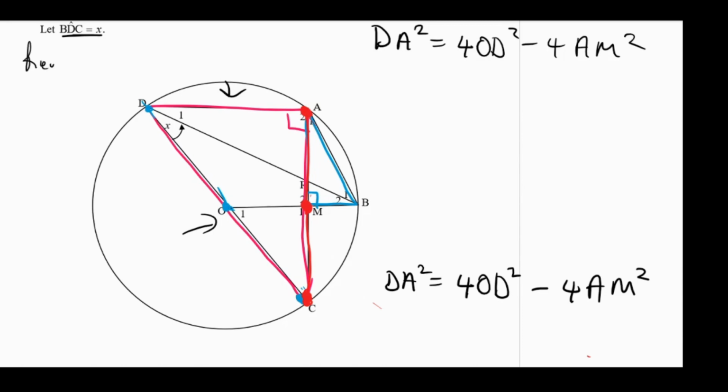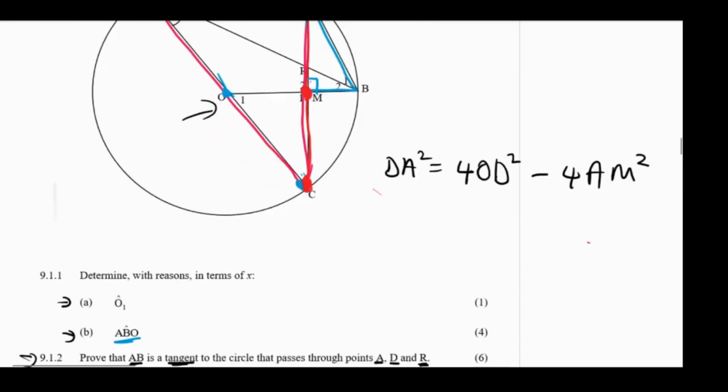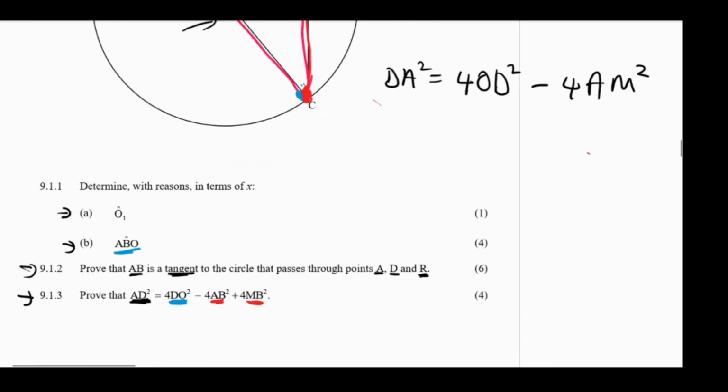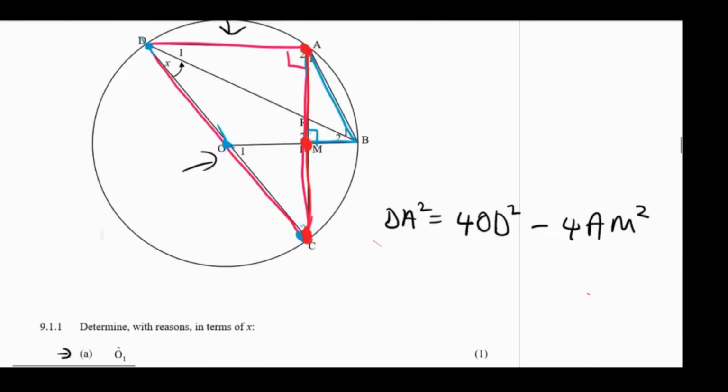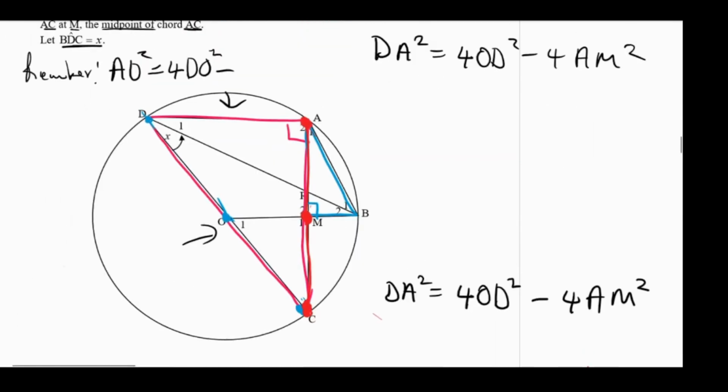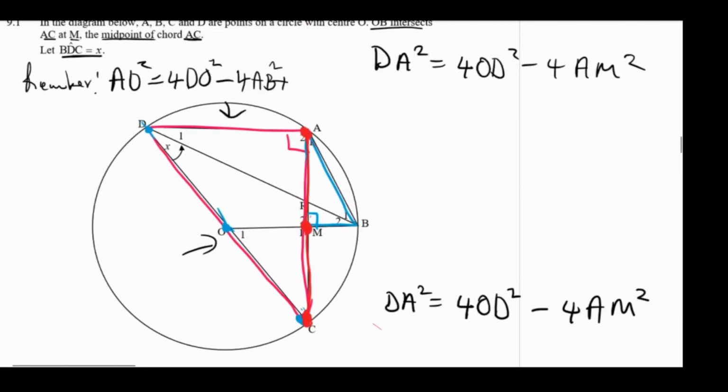Remember that we are asked to prove that AD squared is equal to 4DO squared minus 4AB squared plus 4MB squared. We are asked to prove this, right?